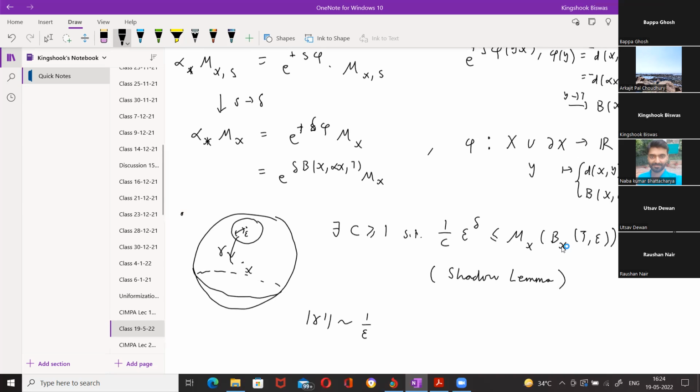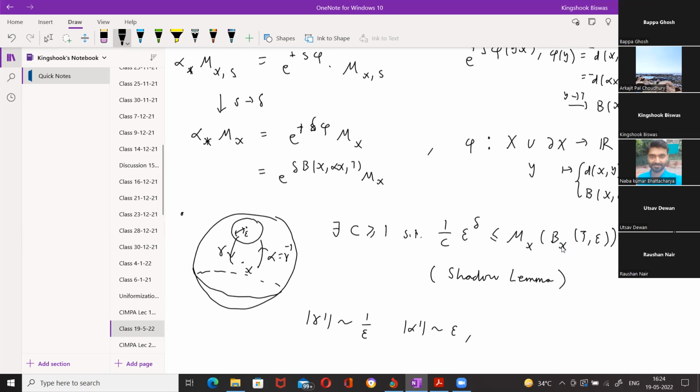And so if I look at alpha, which is the inverse, the derivative of alpha looks like epsilon.